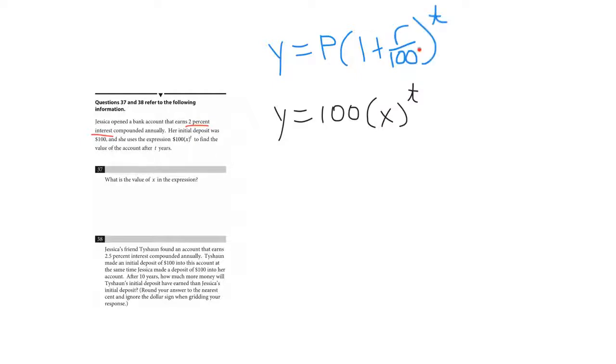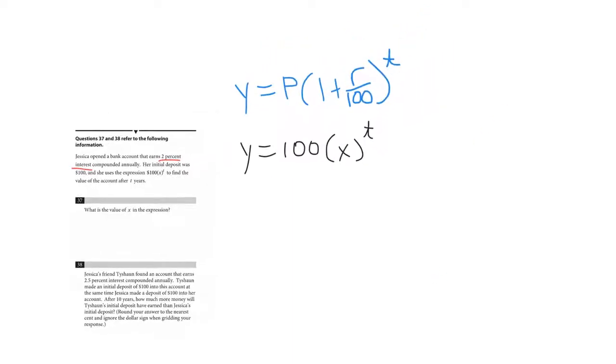That's probably the best way to approach this problem. You might be asking what all this stands for. Well, let's start with the p. P is the principal, and that means how much money you started with.